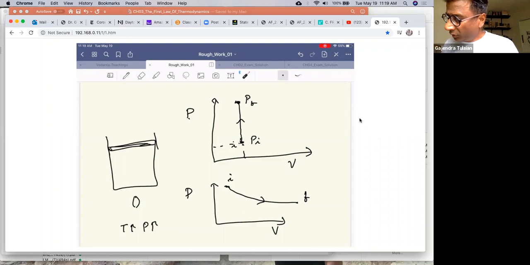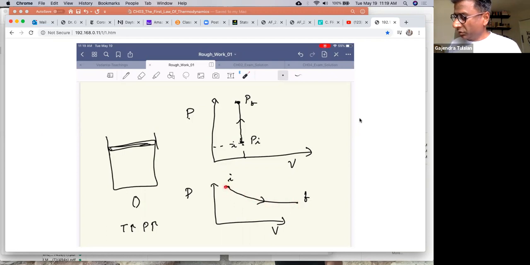Now, when you go from this initial point to that final point, if you can stop at any intermediate point, stay there and then proceed, stay there and then proceed, and come back if you wanted, then that is a reversible process.